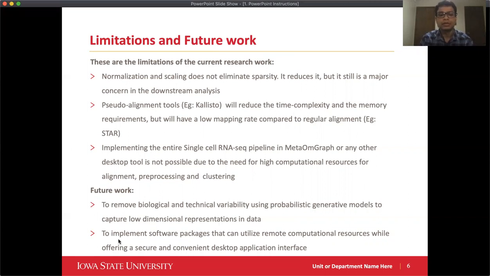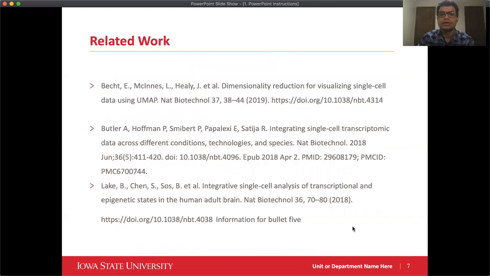And also people are working on software packages that can utilize remote servers to obtain a good computational advantage.